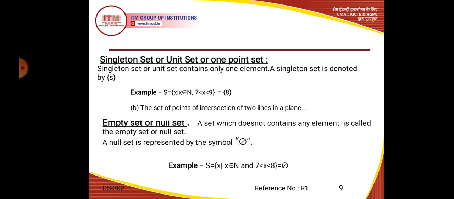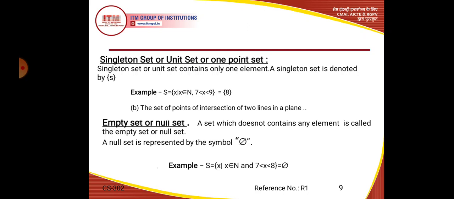Now come to the empty set or null set. A set which does not contain any element is called the empty set or null set. A null set is represented by the symbol φ. Now take an example.